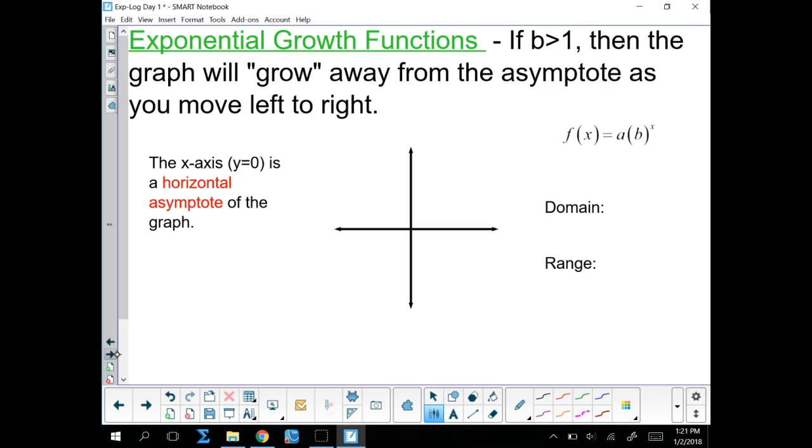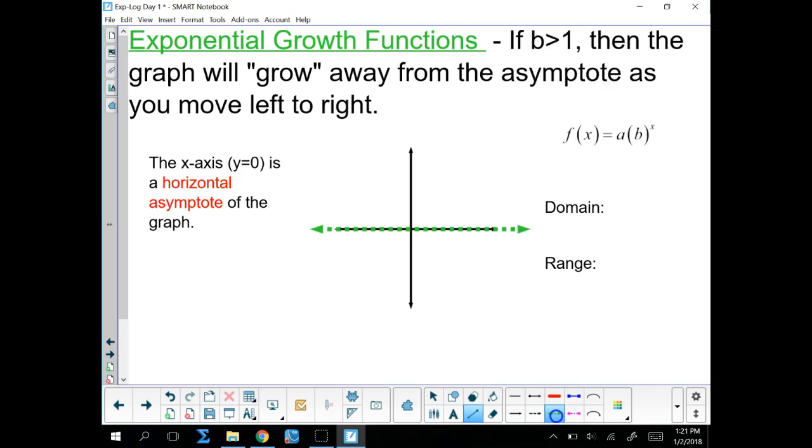Now, for your standard f of x equals a times b to the x power, your horizontal asymptote is the y equals 0 line, otherwise known as the x-axis. Unlike rational functions, which we did before the break, exponential functions do not cross your horizontal asymptote anywhere.